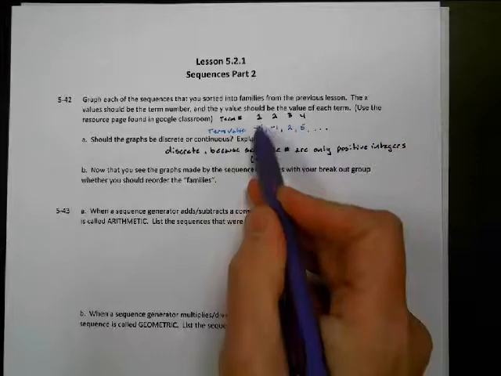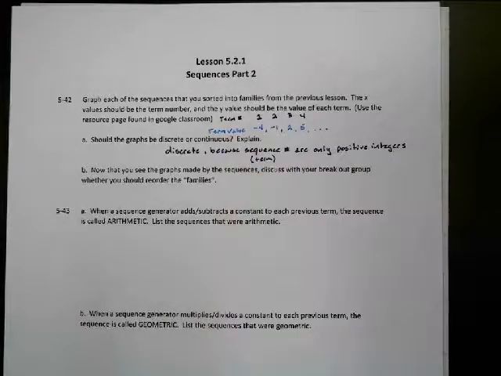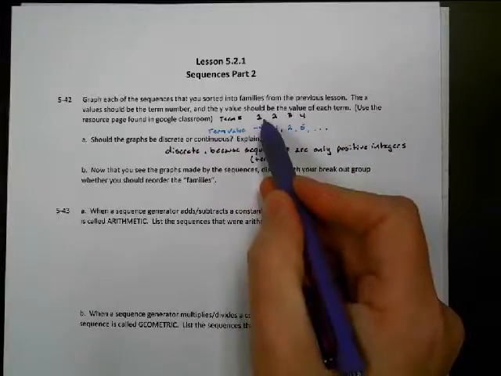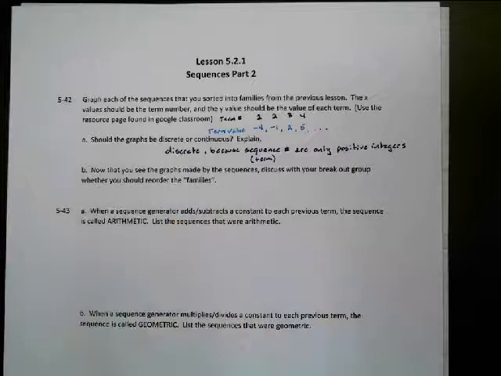So our lowest term number is always going to be first term. We're never going to have a negative term. We're never going to have a term 1.2 or something like that. So we would say this should probably stay discrete.